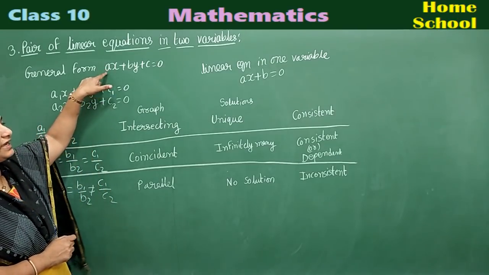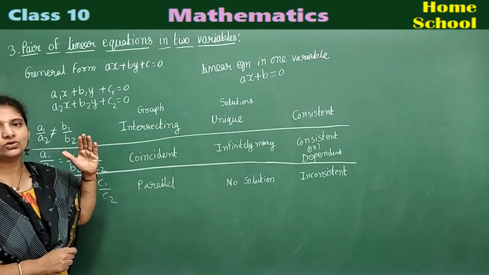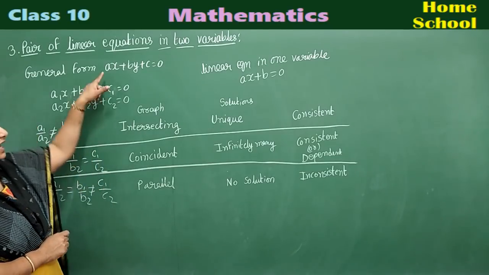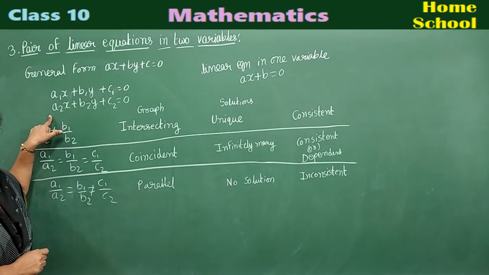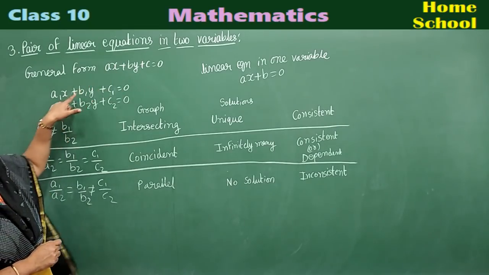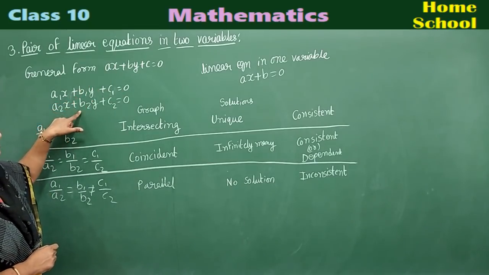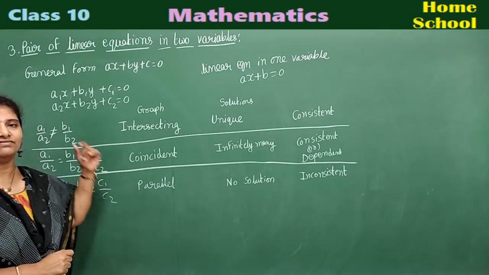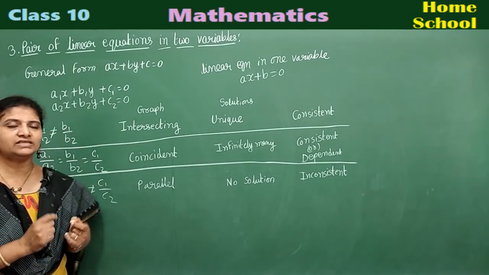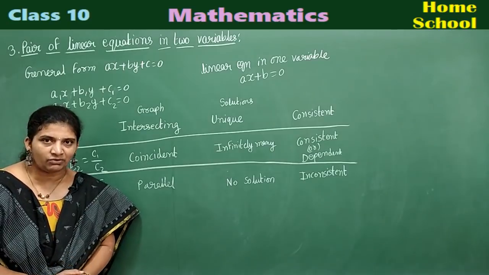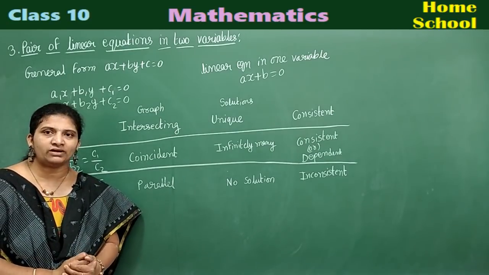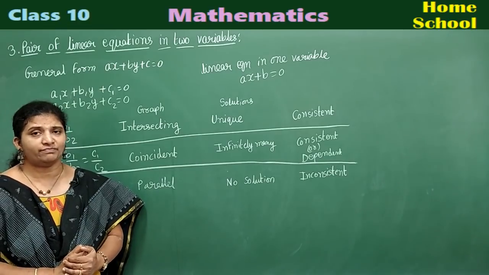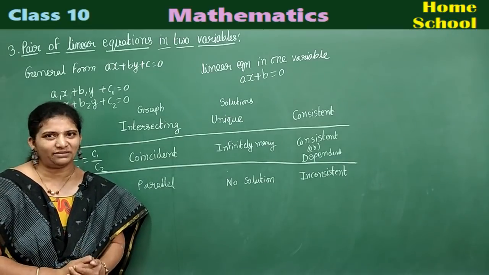I cannot write A, B only for both, so in order to split that, A1 for the first equation and A2 for the second equation, B1 for the first equation, B2 for the second equation. And finally we say A1x plus B1y plus C1 equal to 0 and A2x plus B2y plus C2 equal to 0 are the standard form of pair of linear equations in two variables.